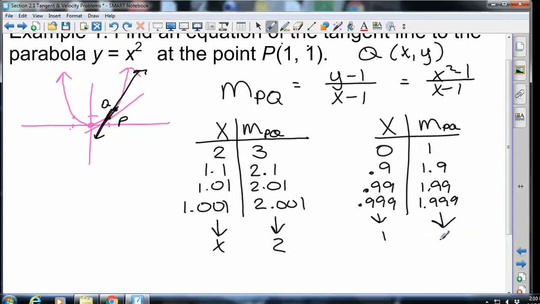So here, my x's were getting close to 1 again, and my slopes, were they still getting close to 2?